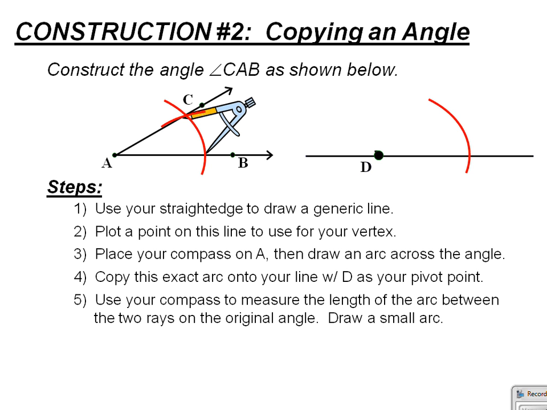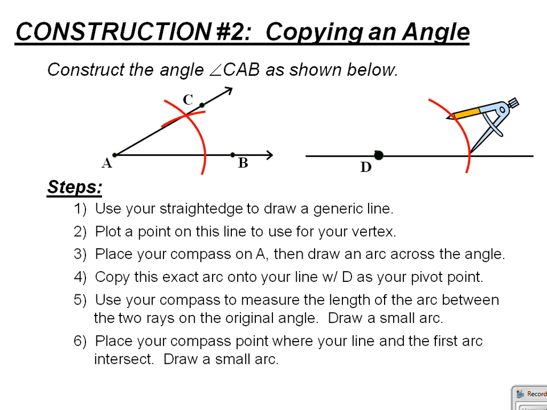Open your compass up so that it meets the distance from one point of intersection to the other point of intersection on the other side of the angle. Keeping this distance, make an arc sweep at that point of intersection. Drawing that small arc, then, we can use that to make sure that we have the correct distance across the arc to then carry over to our new angle.